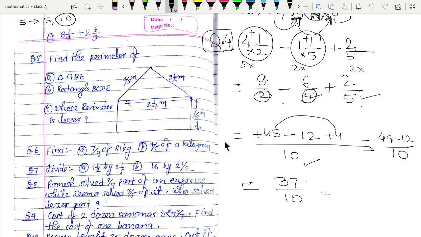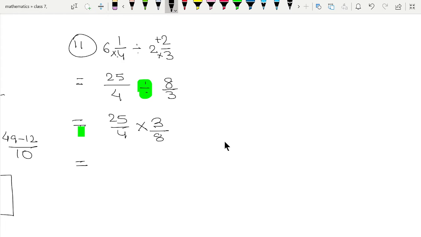Now, can you cancel any number, numerator to denominator? No, sir. No number will be cancelled out because no numerator and denominator have a common factor other than 1. So we cannot cancel it.